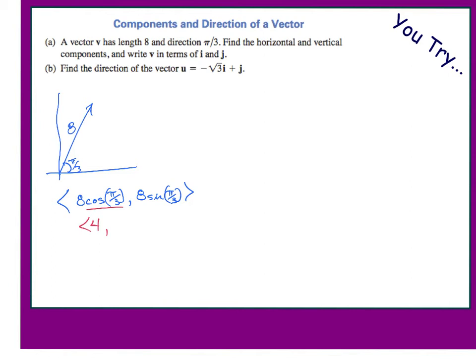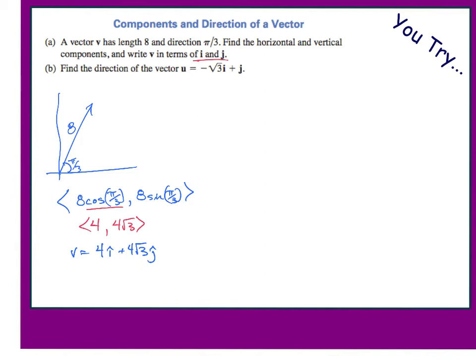Then multiply that by 8, and I end up with 4 square root 3. However, it tells me to put it in i hat and j hat component form, or linear combination form. So now I have v is equal to 4 i hat plus 4 square root 3 j hat.